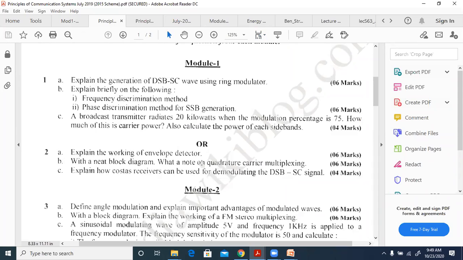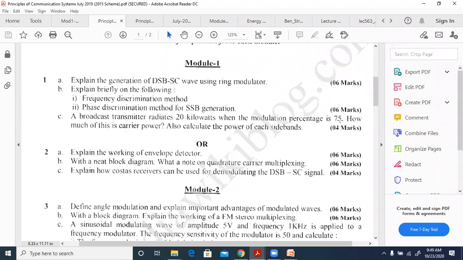So you need to write, the total power radiated is 20. PT is what is given. PT is equal to PC multiplied by 1 plus mu squared by 2.